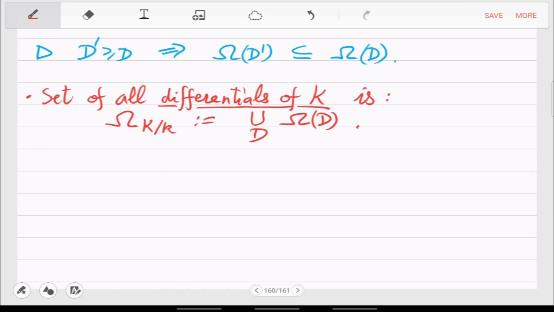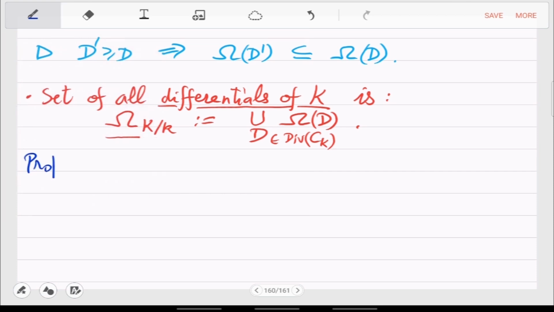Okay, so if you go over all the divisors in Div C, right? So big function field of transcendence degree 1, big K over a base field small k, defines a smooth projective curve, that's C_K. Go over all the divisors, look at all these differentials, that is the big omega, the set of all differentials. So that is going to be a very useful object, as you will soon see.